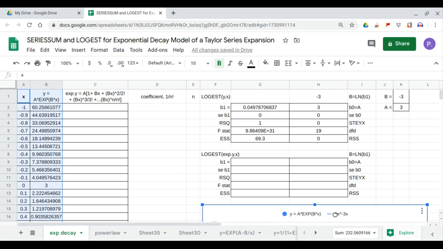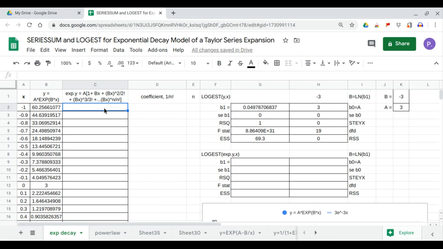Next, we generate the data set for the expansion. Here we have expansion equals a times the quantity 1 plus bx squared over 2 factorial plus bx cubed over 3 factorial until bx to the power n over n factorial.